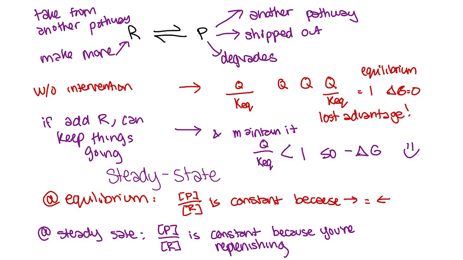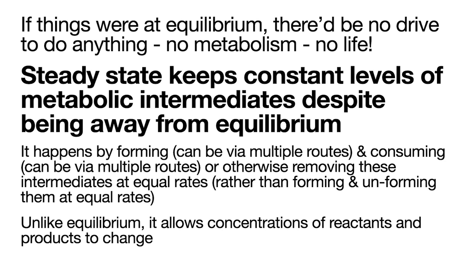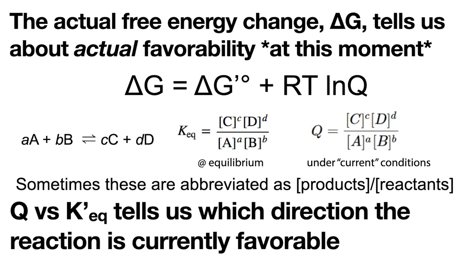And even if your concentrations were really skewed, they wouldn't stay that way for long because you'd be driven towards equilibrium, and as you drive towards equilibrium, you lose that drive. So that's why we keep a steady state rather than getting to equilibrium. We maintain fairly constant levels by replenishing what we're taking out, and we can also take things out to drive pathways forward. So the actual G, the actual free energy change, is going to be different than the G naught, sometimes dramatically so.